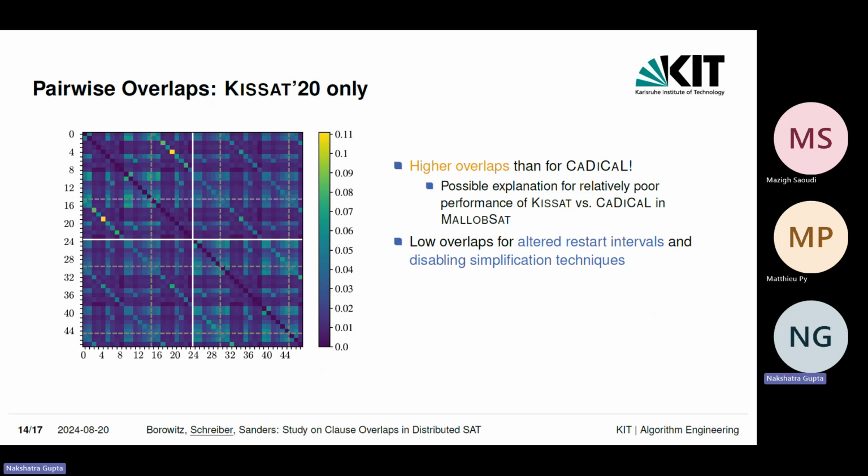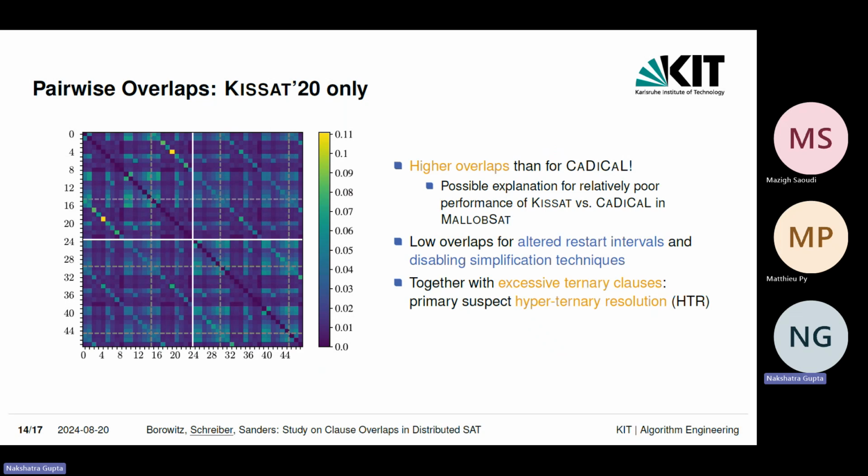We did see low overlaps for specific configurations again. That again concerns altered restart intervals and also disabling specific or almost all simplification techniques, the in-processing. That looked a little bit suspicious. And if you remember, we had this extremely pronounced peak for ternary clauses in our produced clauses and also in the overlaps. So our main suspect was Kissat's hyper ternary resolution, which produces those ternary clauses.